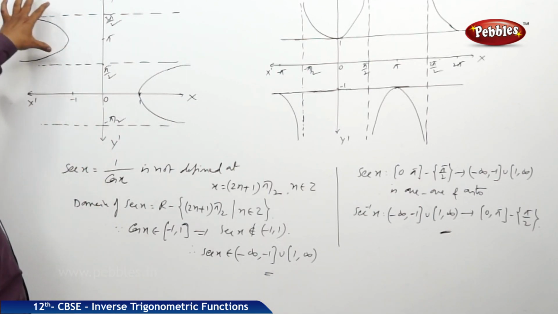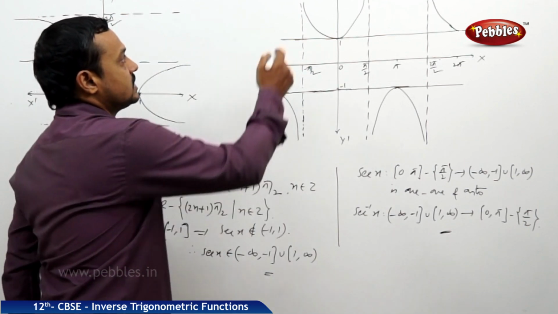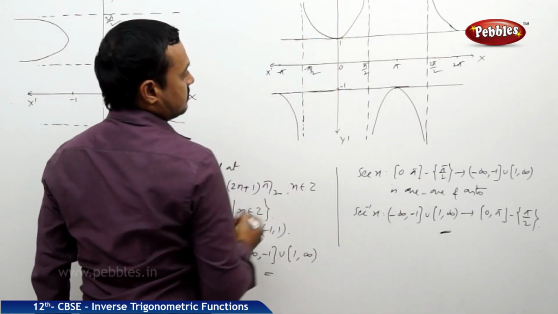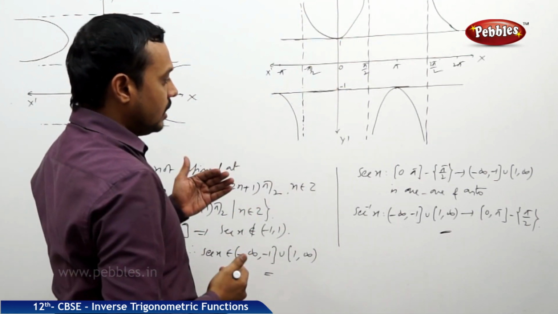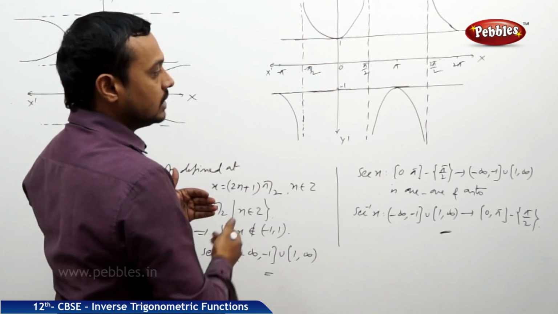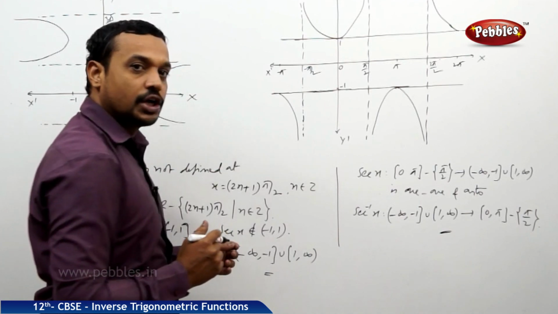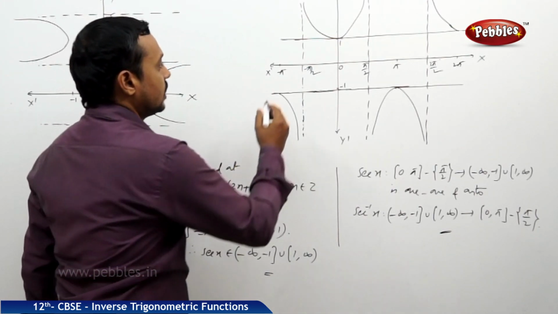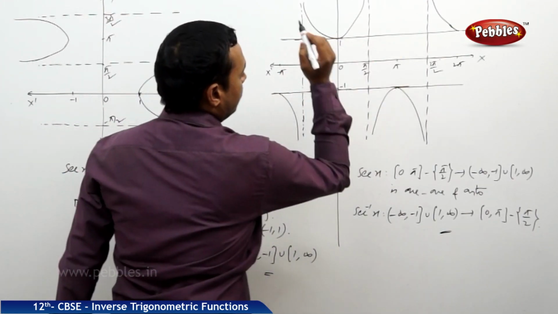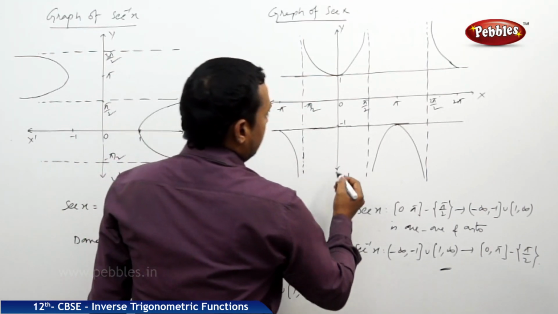Now above we have the graphs of secant x and secant inverse x. We know the secant x graph is like this. Similarly, just like cosecant x, secant x values do not belong to the interval minus 1 to 1, so there is no graph between minus 1 and 1.